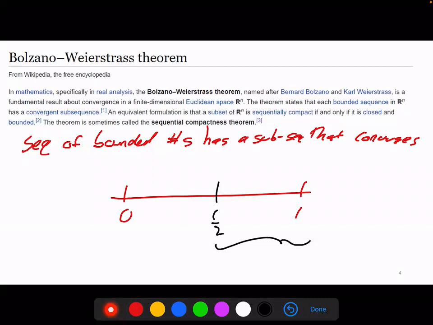So maybe there's infinitely many xn in here. And so we take the smallest index that's in this set. Let's call this one xn1. And then we divide the interval in half again.